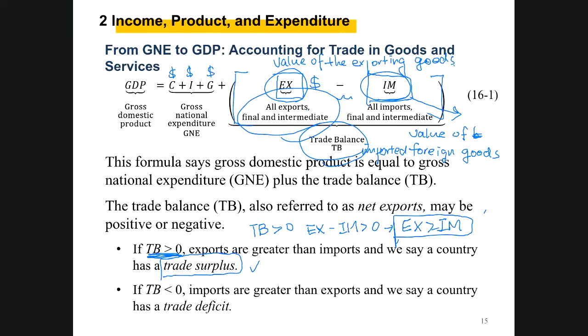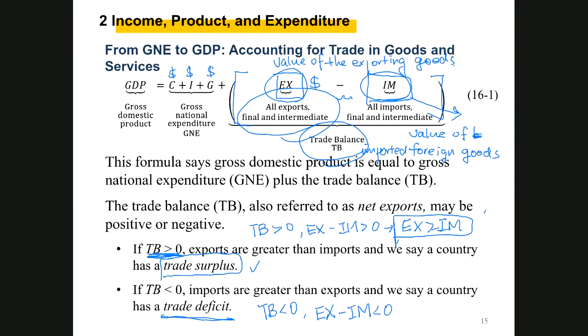On the other hand, what is a trade deficit? By definition, the trade balance is a negative term. If we go back to the definition of the trade balance, export minus import, this term is smaller than zero.